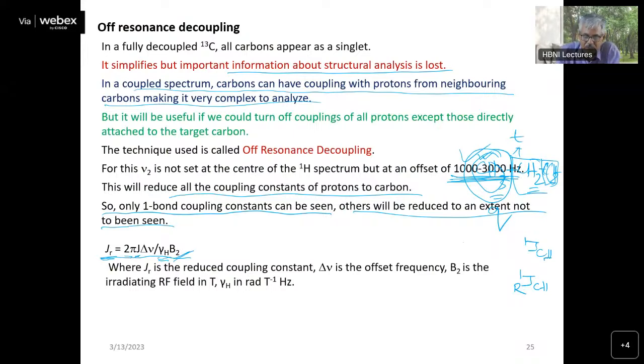This gyromagnetic ratio is to be taken in units of radian per Tesla Hertz, and the B2 field should be taken in Tesla. So if you measure the reduced coupling constant, you can correlate it to the normal coupling constant. So this is called the off resonance decoupling.